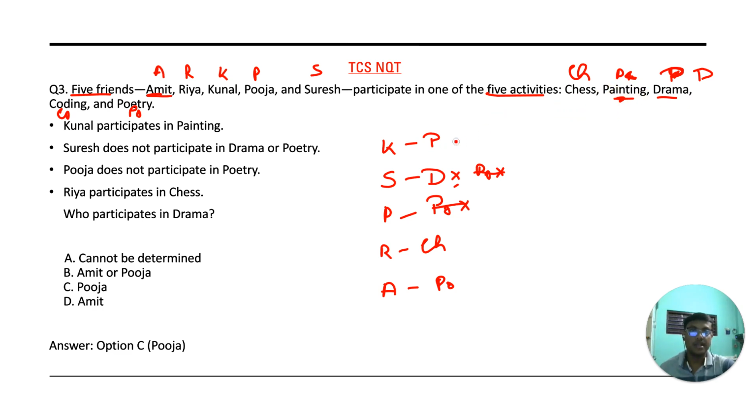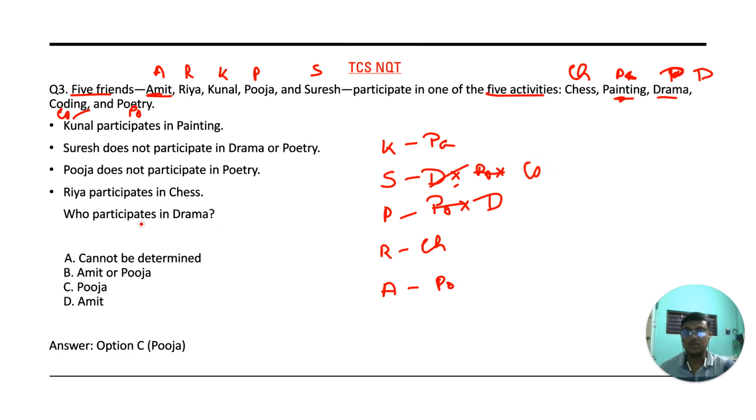Sorry, painting is already done. Drama and the other is coding. So we can see that we have two persons left and two activities left. Suresh is not doing drama, so definitely drama would be done by Pooja. And as only one activity is now left, which is coding, coding would be done by Suresh.